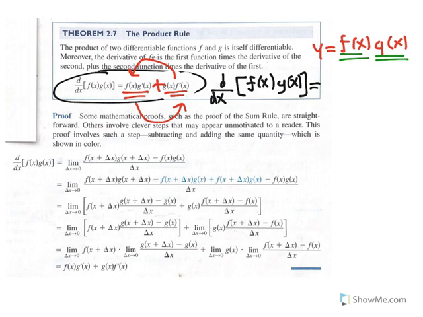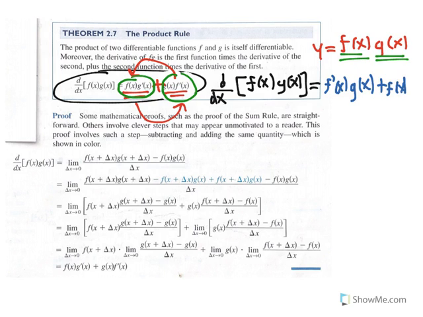So we're going to do that. So we're going to write g of x times f prime of x first. And in fact, we're also going to write that product, g of x times f prime of x, as f prime of x times g of x. And then we have plus, and we're going to write f of x times g prime of x.